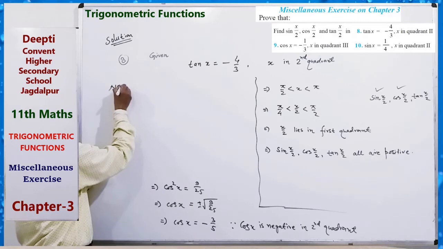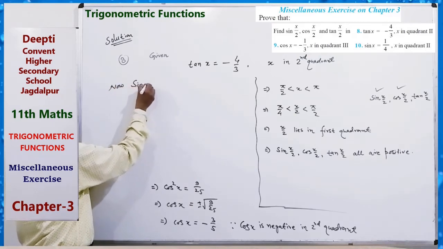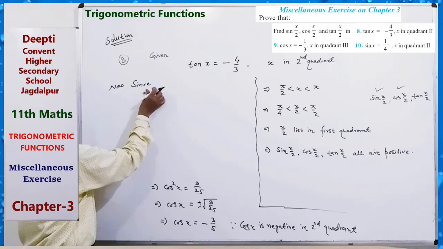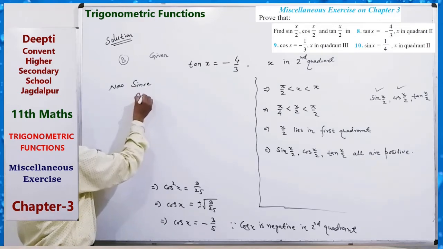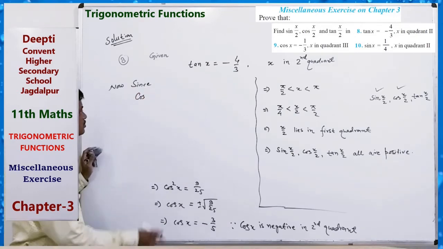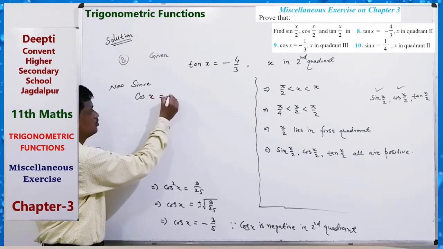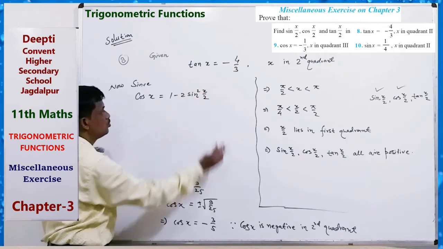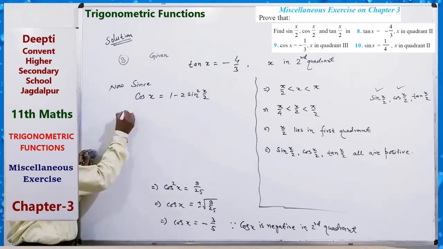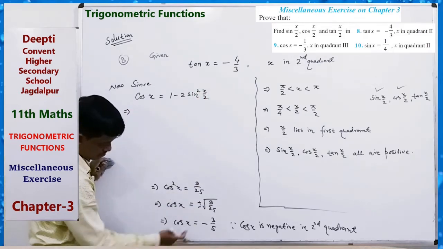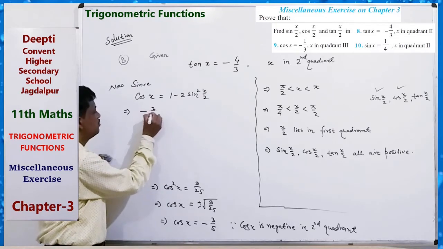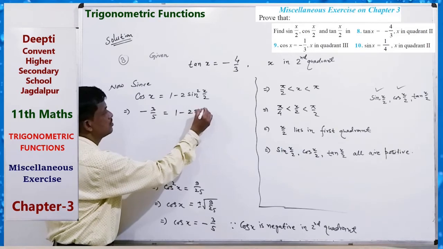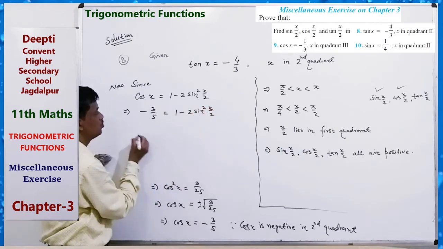Since cos x equals 1 minus 2 sin square x by 2, this implies minus 3 by 5 equals 1 minus 2 sin square x by 2.